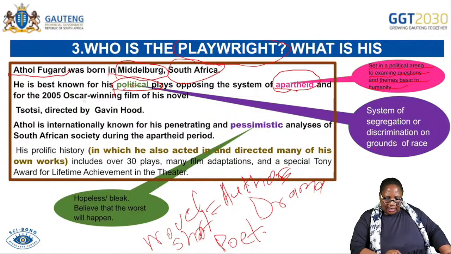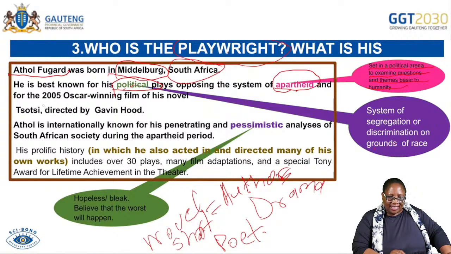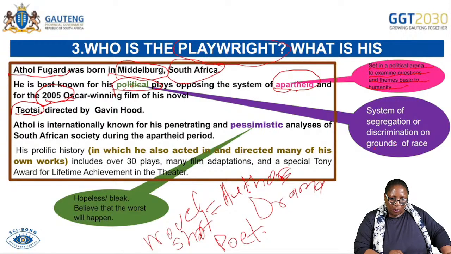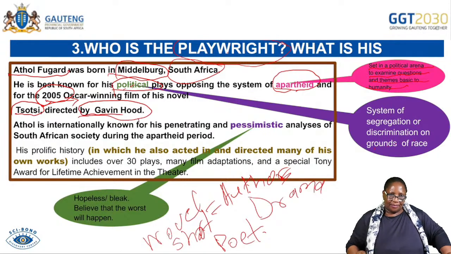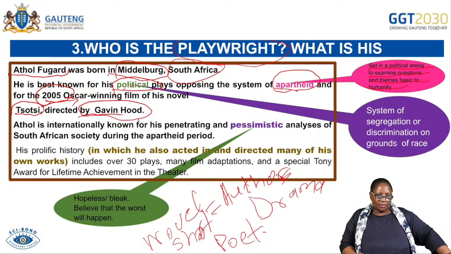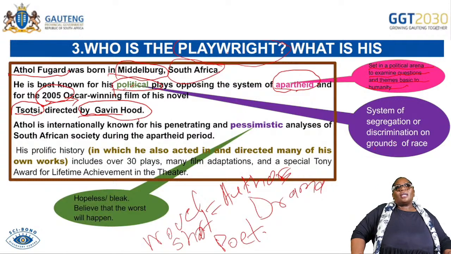Athol Fugard, the playwright, won an Oscar for his film in 2005, and that film was called Tsotsi, and it was directed by Gavin Hood. You remember Chwenya High, isn't it?